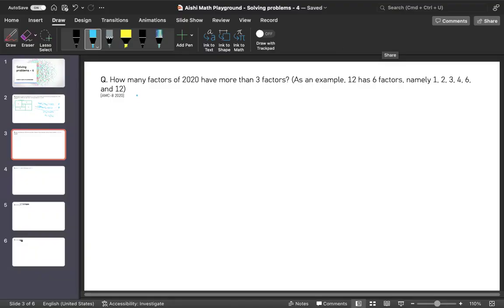How many factors of 2020 have more than 3 factors? As an example, 12 has 6 factors, namely 1, 2, 3, 4, 6, and 12.